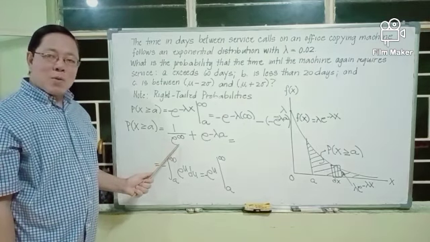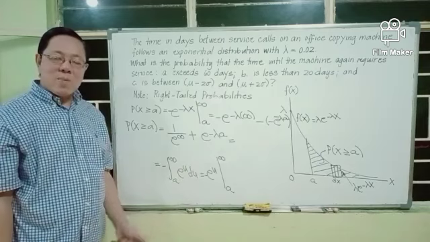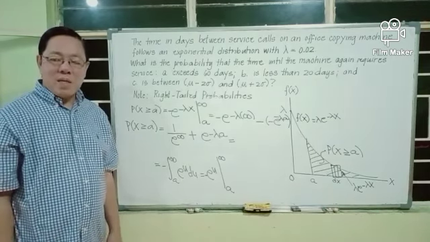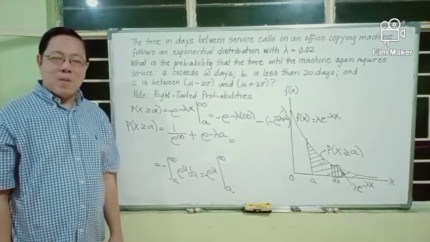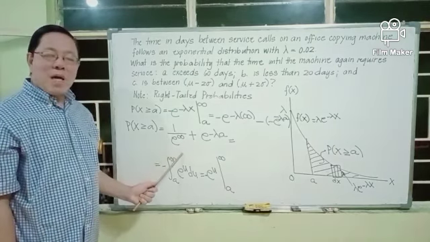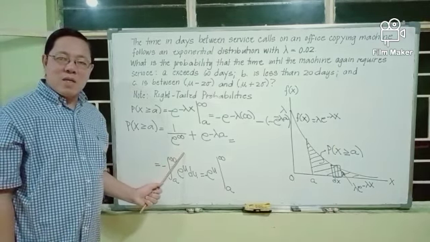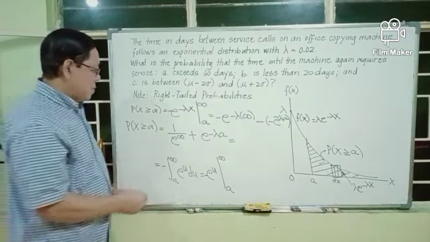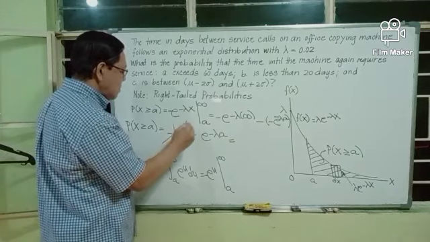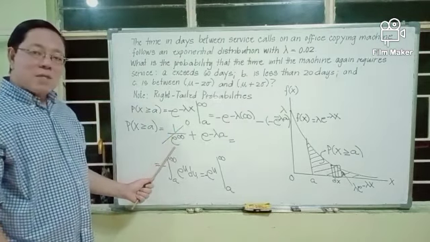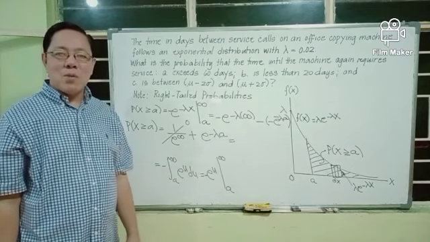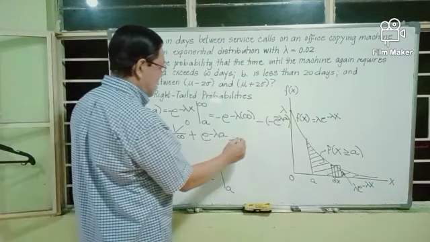If you raise e to a very, very large positive real number, the answer is a very large positive real number, and 1 over a very, very large positive real number is 0. So we get 0 plus e to the minus lambda a, which is simply e to the minus lambda a.